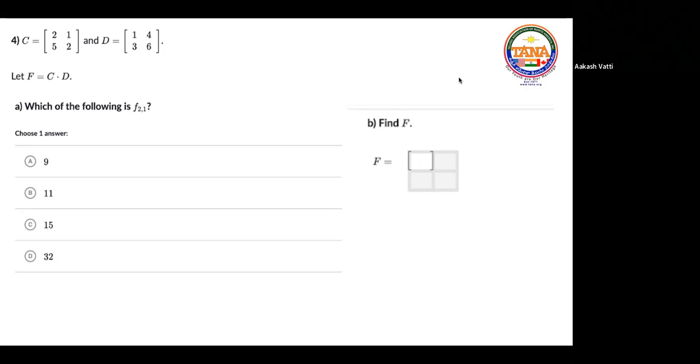All right. So for this question, first thing we do is find the entry in row 2, column 1.